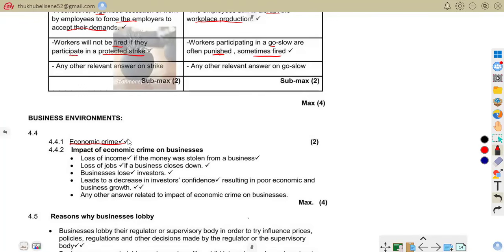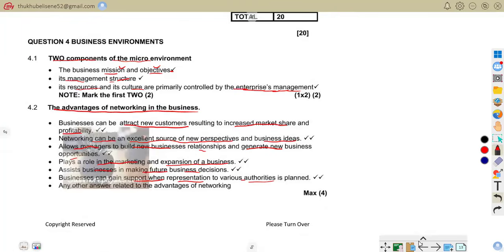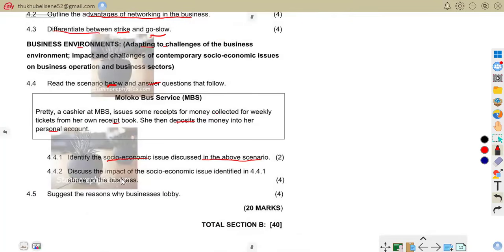So now let us go to 4.4.2, which says: discuss the impact of the socio-economic issue identified in 4.4.1, which is economic crime, on the business.